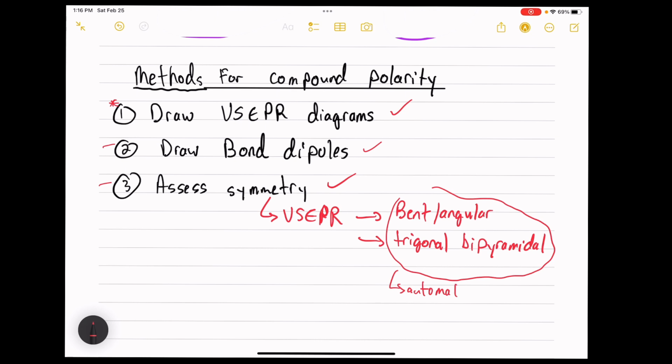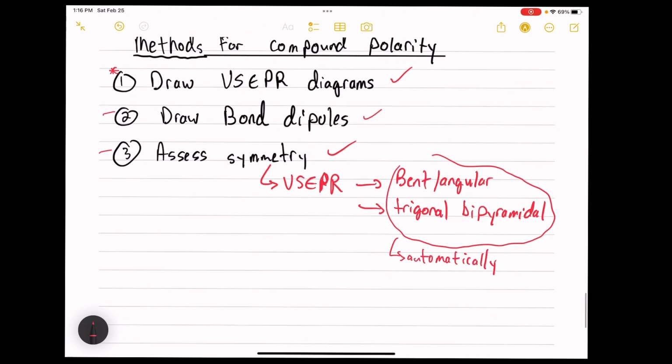And we don't have to look and see, are they all towards, all the way? These are automatically asymmetrical shapes. So they're going to automatically be polar.